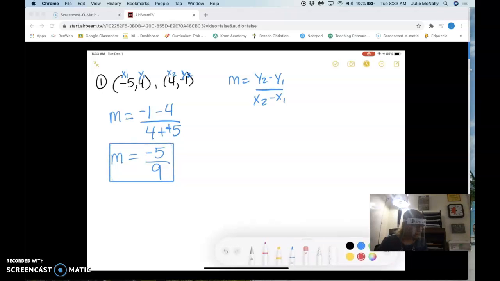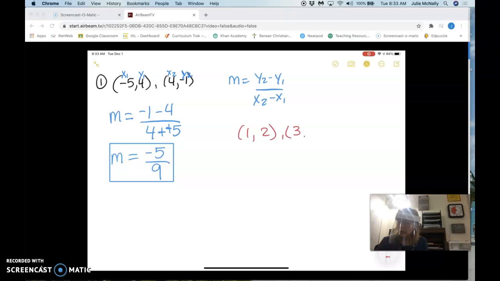So let's look at the coordinates for the second line, which has the B on it. And I see 1, 2, and I see 3, 3. Again, I'm going to label these so I don't get confused, and then I'm just going to plug them into the formula. 3, nope, I did that wrong.